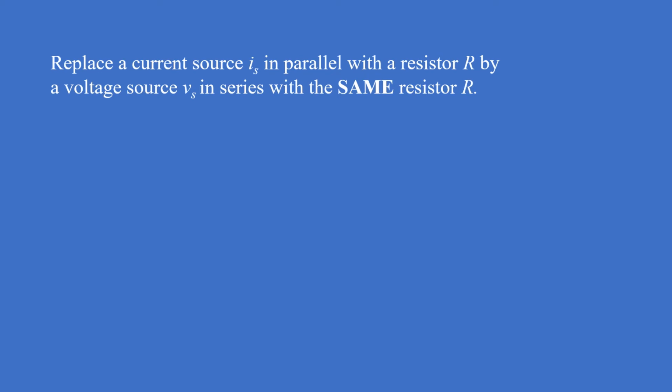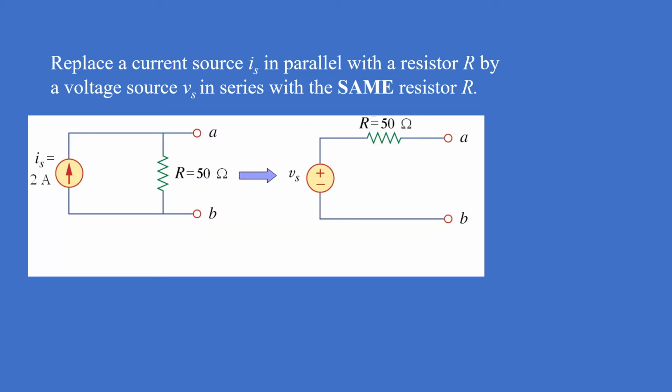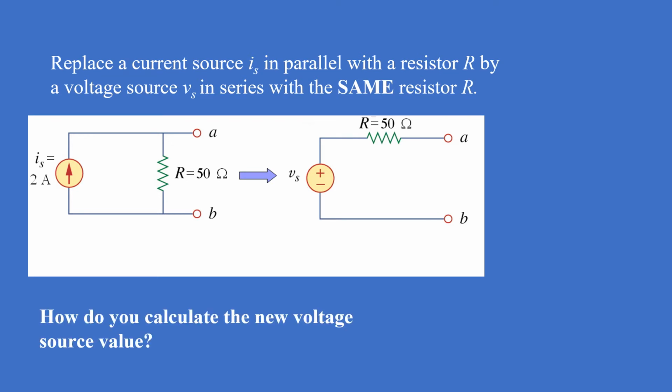Next, we will consider one example here. I have considered one current source whose value is 2 ampere, resistance is 50, and I want to convert that source into a voltage source whose resistance will be the same, 50. Now how will you calculate its voltage? It will be calculated again by Ohm's law.